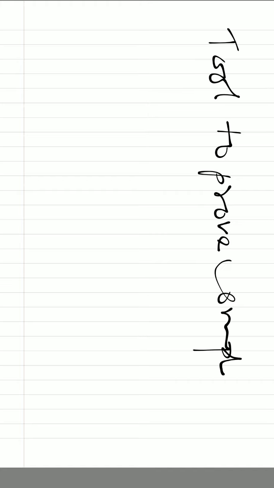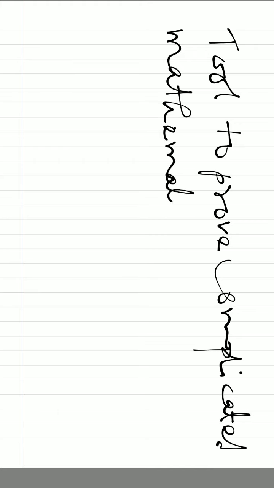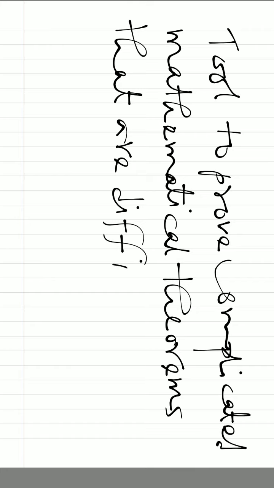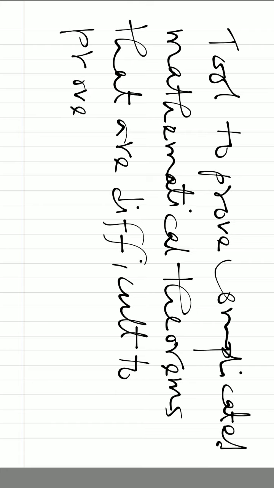You can say it is a tool to prove complicated mathematical theories that are difficult to prove in the usual sense.